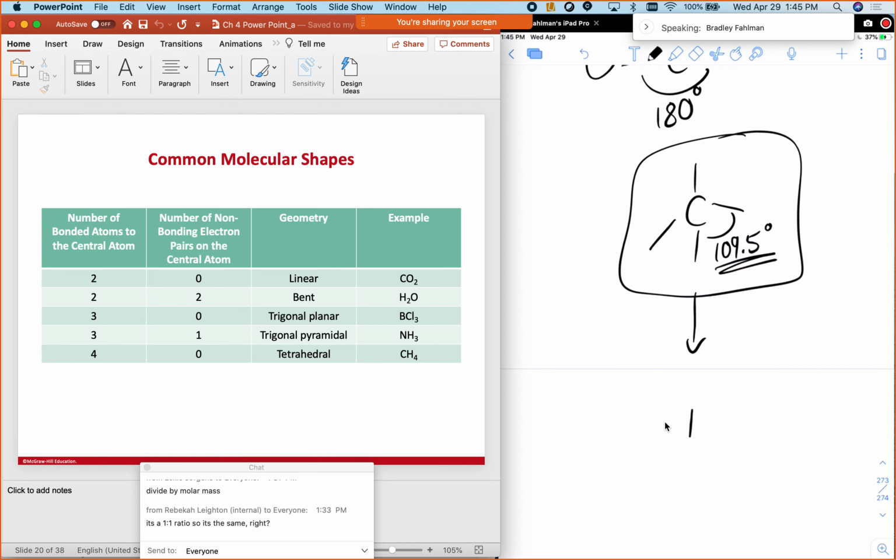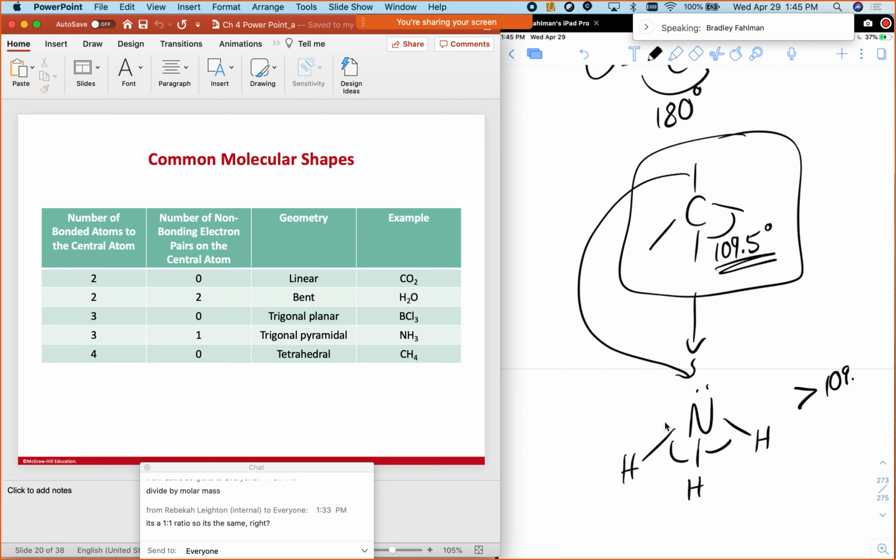But if I tell you that's a tetrahedron, and then you replace a bond with a lone pair, for instance, what happens to these angles? Do you remember? Is it going to be greater than 109.5, less than, or equal? So here, that's your lone pair.